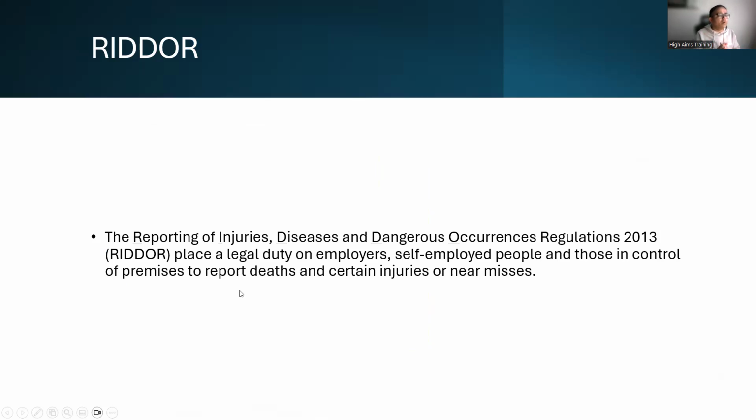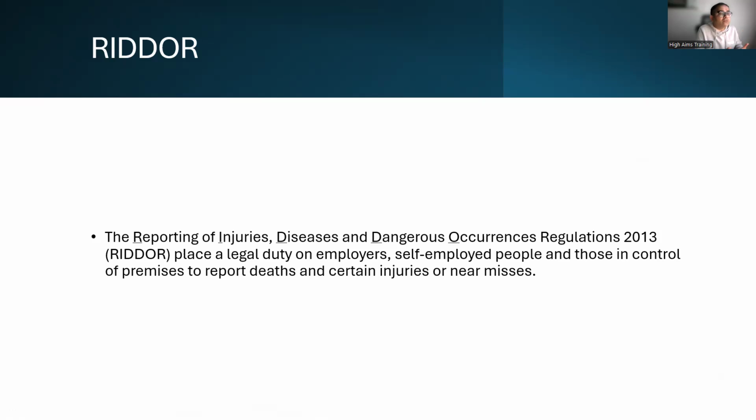RIDDOR is a law, the Reporting of Injuries, Diseases, and Dangerous Occurrences Regulations. What is that law? Under circumstances where there is a fatality, a serious injury, a dangerous occurrence, over 7 days incapacitation, or an occupational ill health or occupational disease, employers are required by law to report that to the enforcing authority.